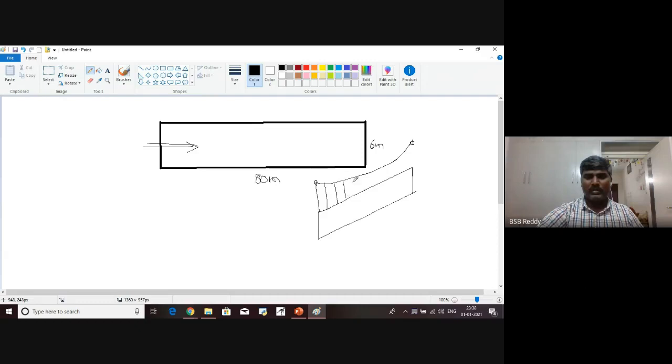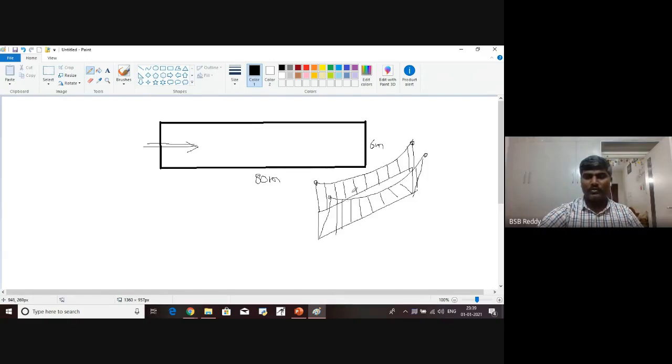So you need to have one cable to hold one end. To hold one end, you need to have one cable. And to hold the other end also, you need to have another cable, like this.